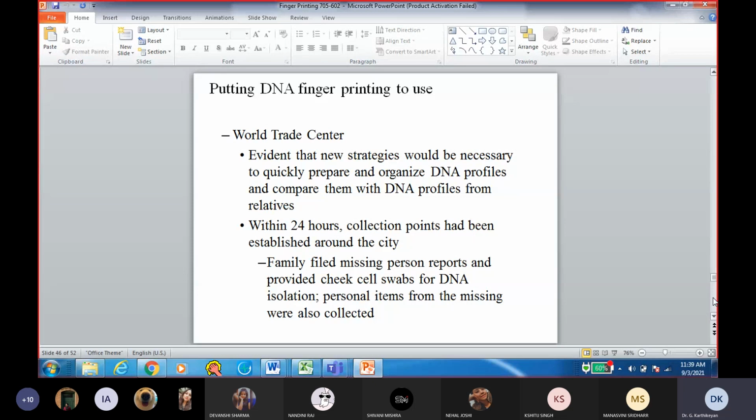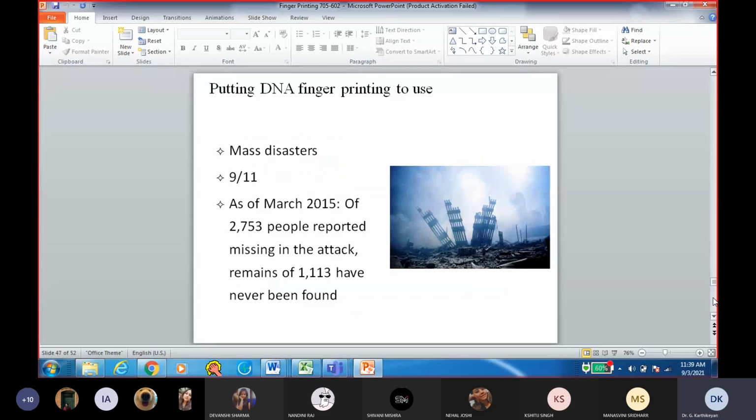Personal items from the missing people were also collected. This was a massive disaster. Of the 2,753 people who were reported missing, 1,113 people have never been found.